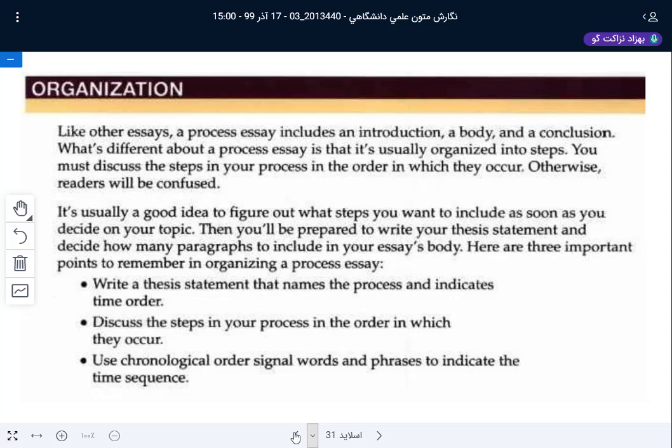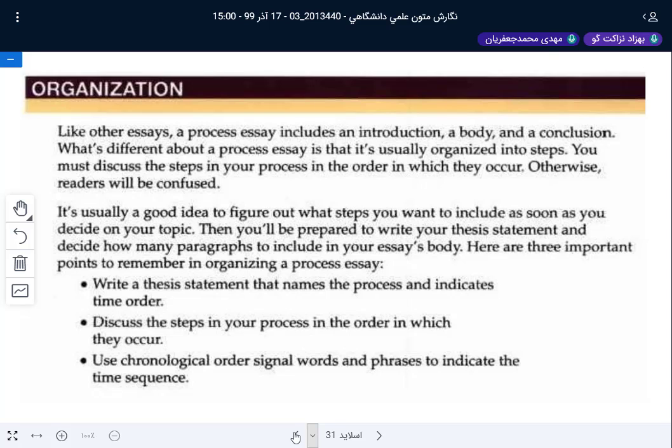The concluding paragraph or conclusion had some message, and that message was in the form of a warning or prediction or suggestion for taking future actions. Okay, go on. What's different about a process essay is that it's usually organized into steps. You must discuss the steps in your process in the order in which they occur. Otherwise, readers will be confused.